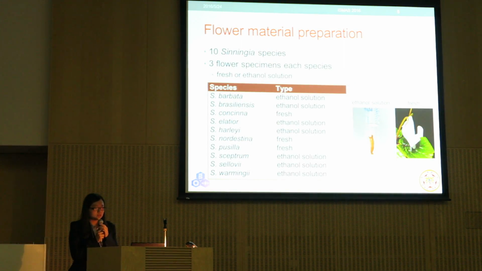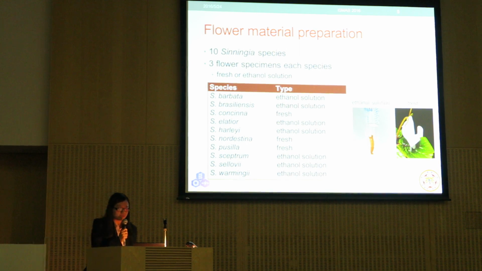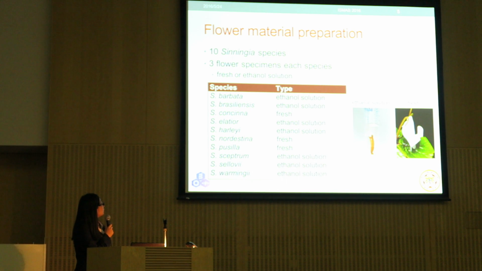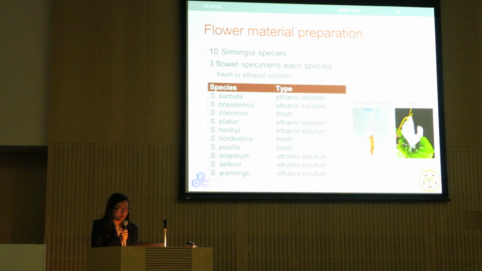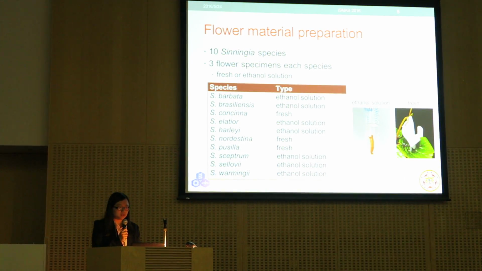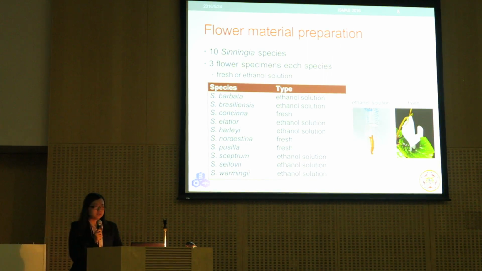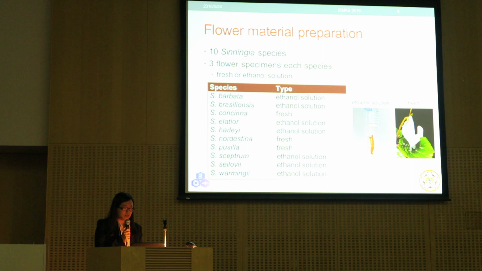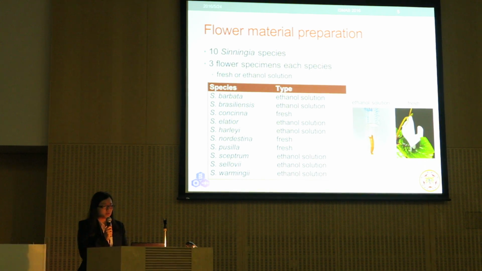Flower material preparation: a total of 10 Sinningia species, and 3 flower specimens were collected from each species, and some of them are from different individuals. The specimens were prepared fresh or in 70% ethanol solution.